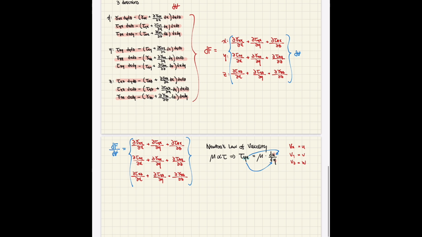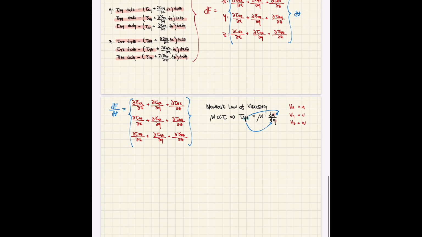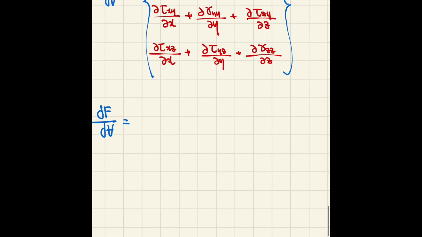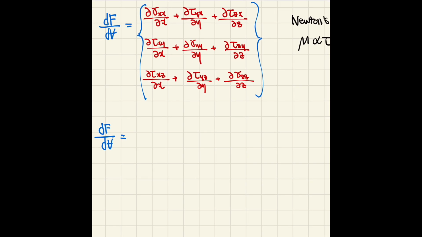So we can rewrite this df dv using this Newton's law, where this becomes df dv equals to, so we gotta rewrite all of these together.